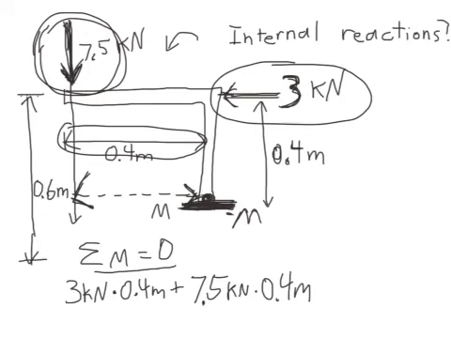Alright, and so what we've got so far are these two moments that are trying to rotate our member counterclockwise, and that means our internal moment being applied here has a magnitude equal to these two, but in the other direction.